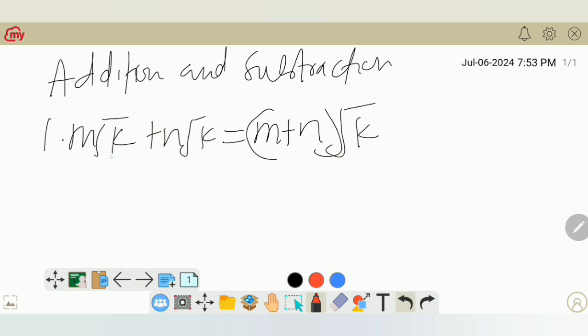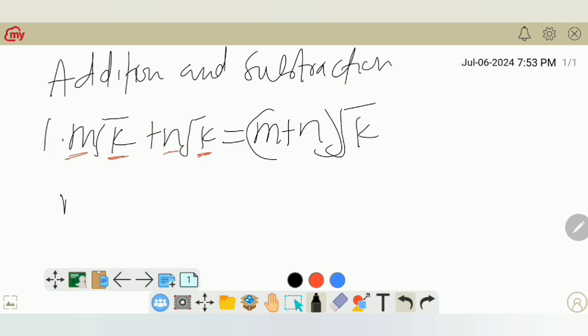In this root we have a value called k, and in this root you also have a value called k. Therefore, these two terms are alike, and then we add the coefficients of them. So m of root k plus n of root k is equal to m plus n all times root k.